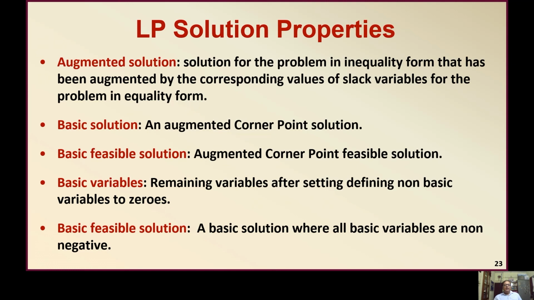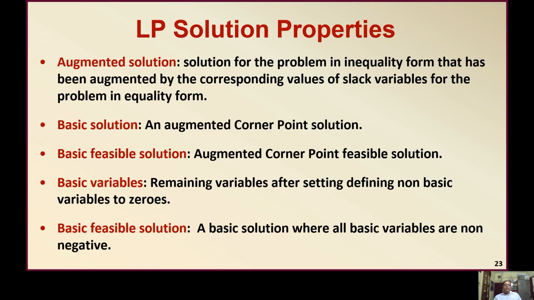And what is a basic feasible solution? An augmented corner point feasible solution is a basic feasible solution. Basic variables are the remaining variables after setting the defining non-basic variables to zero. And a basic feasible solution is a basic solution where all basic variables are non-negative, right?